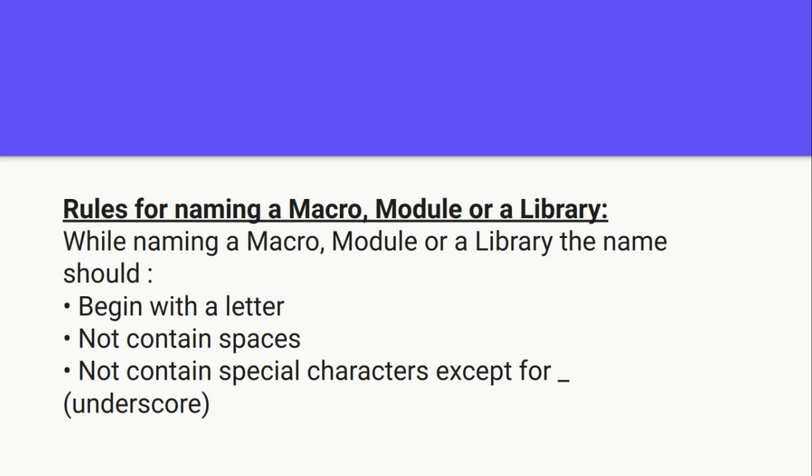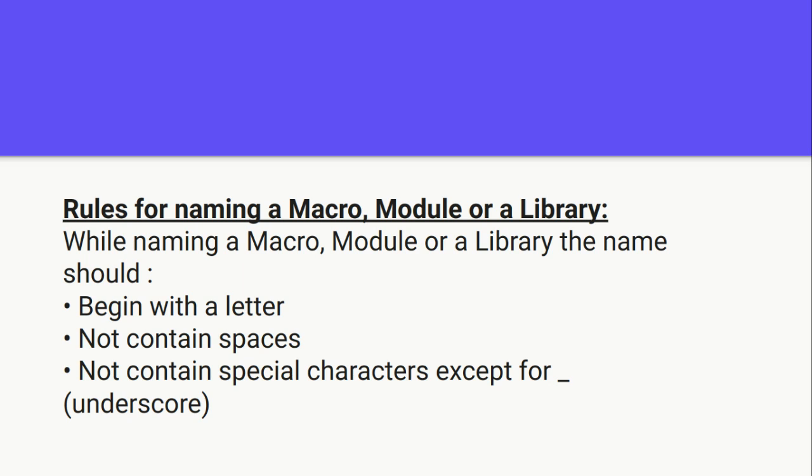Next, rules for naming a macro, module or a library. There is certain specific rule for naming a macro or a module or a library. While naming a macro, module or a library, the name should begin with a letter. That means numbers are not permitted. Then not contain spaces. Spaces are not allowed.